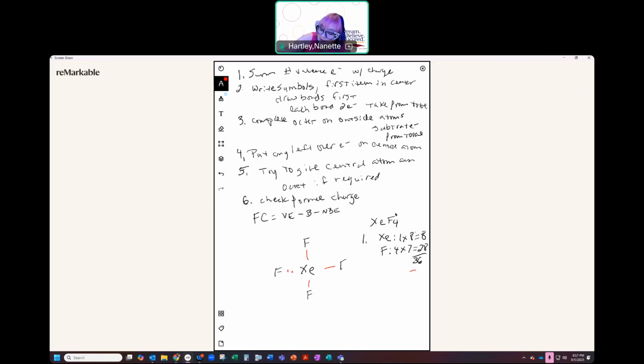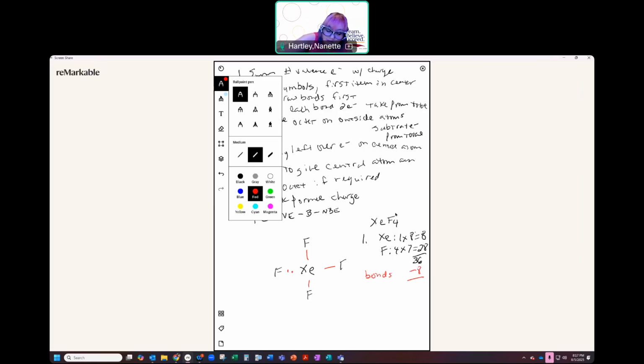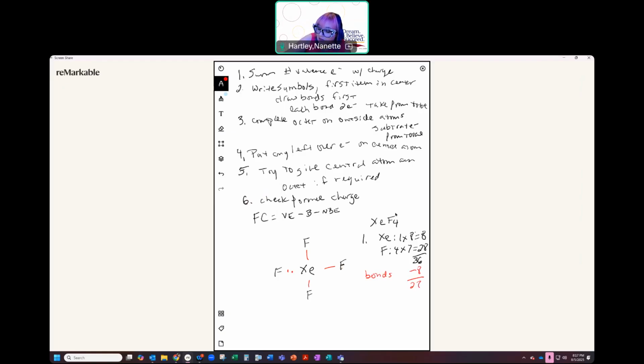So I subtract those 8. Those were in the bonds. And that then leaves me with 28 additional electrons that I have to work with. Okay, so I've taken out all of the electrons in the bonds. That leaves me with 28 that are left.